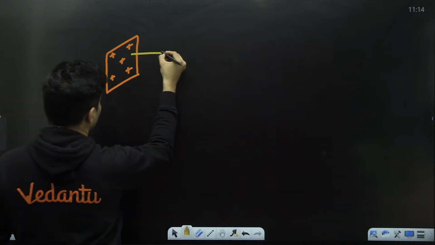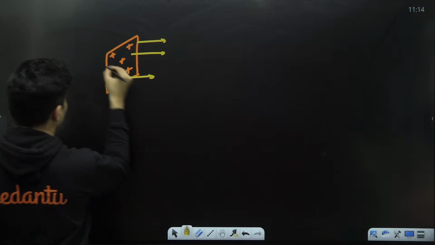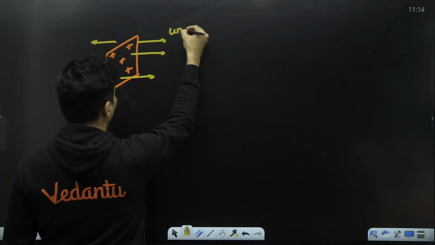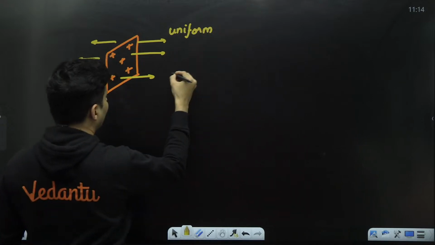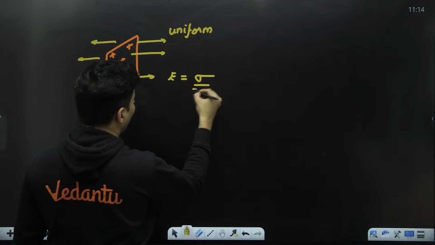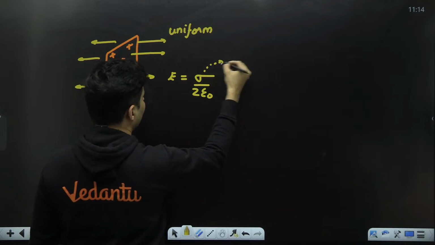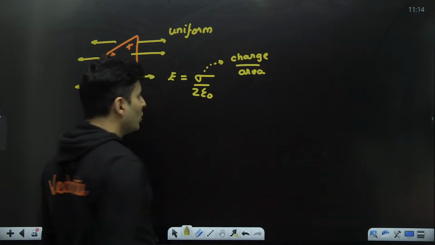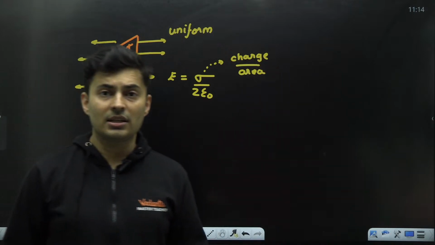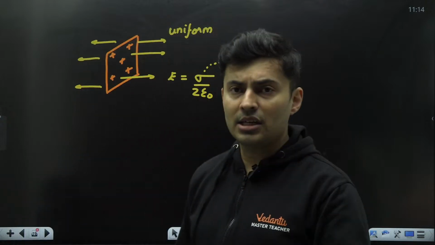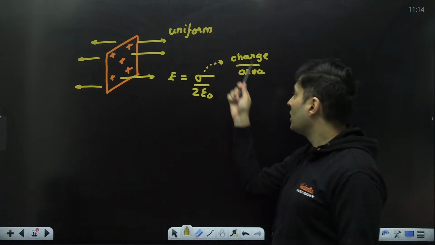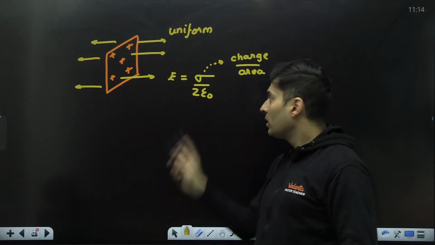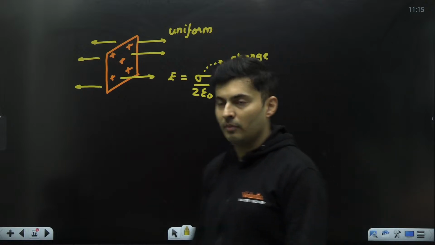If you have a charged sheet, then the electric field will come on both sides and is uniform, and that electric field is sigma by 2 epsilon naught. This sigma is how much charge is there per unit area, coulomb per meter square: the surface charge density on that sheet. Because the field goes both ways, that number 2 will come in the denominator.